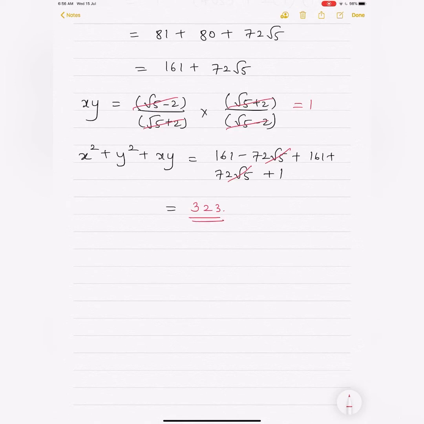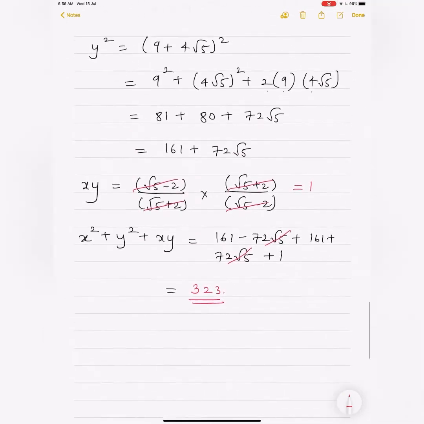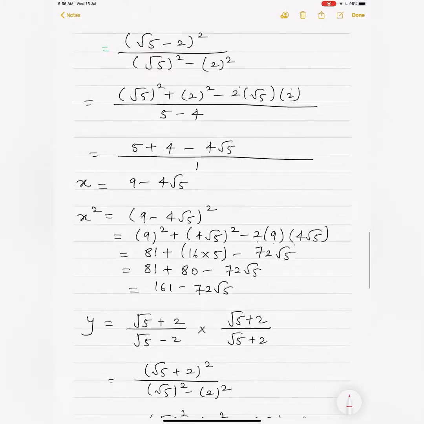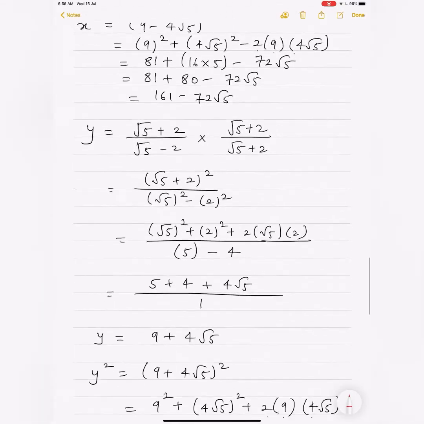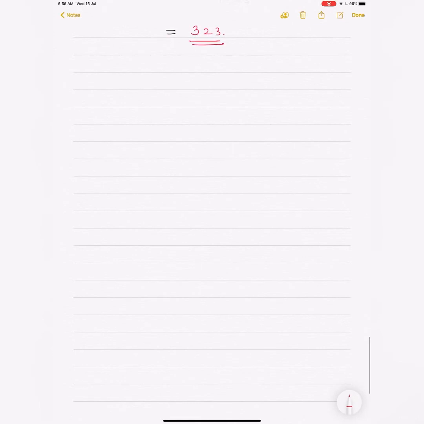Okay guys, then there is another sum which is a similar sum. There was a long sum, number 6. Now guys, how to do sum number 6? Say you're given x is equal to 2 root 3 plus 2 root 2.